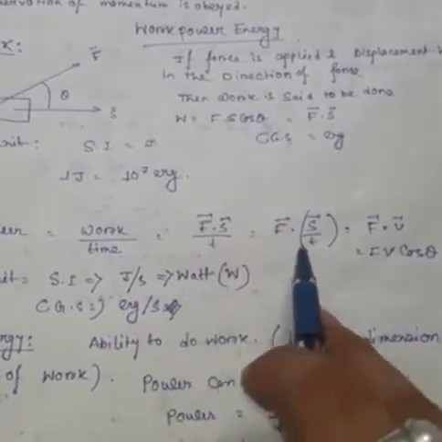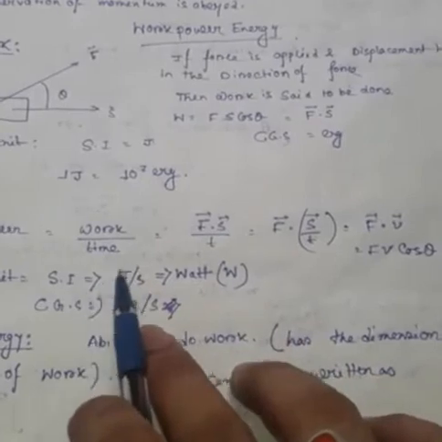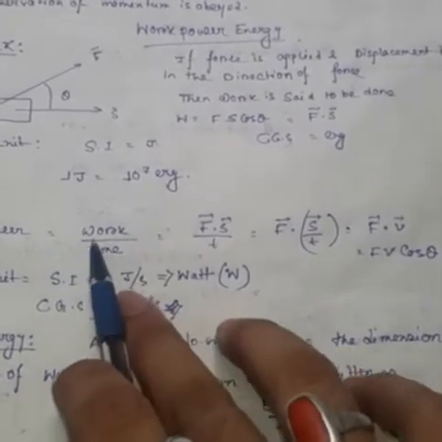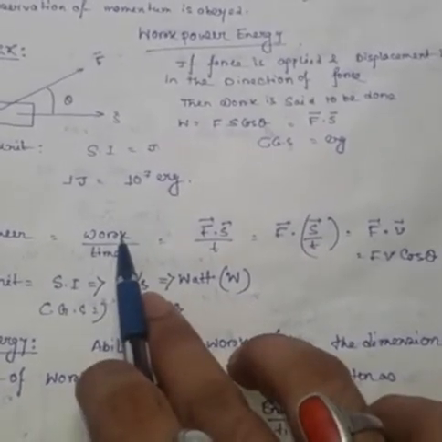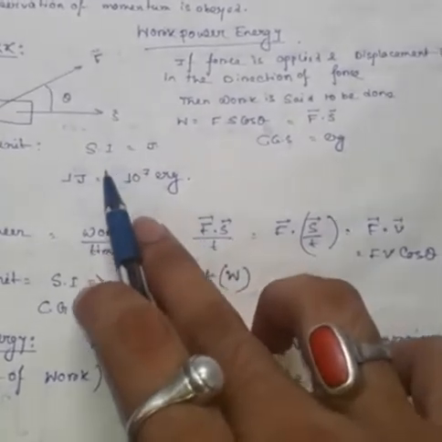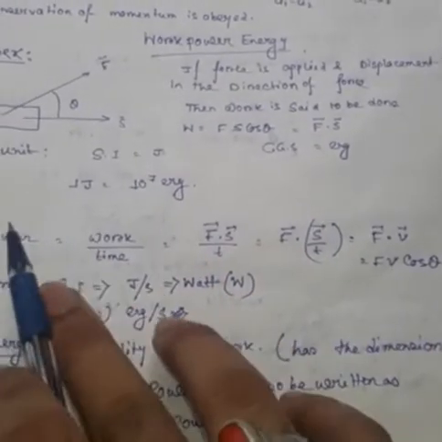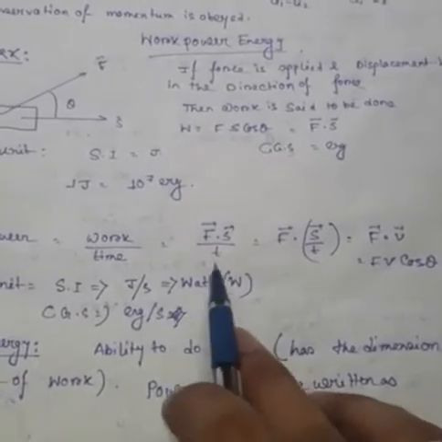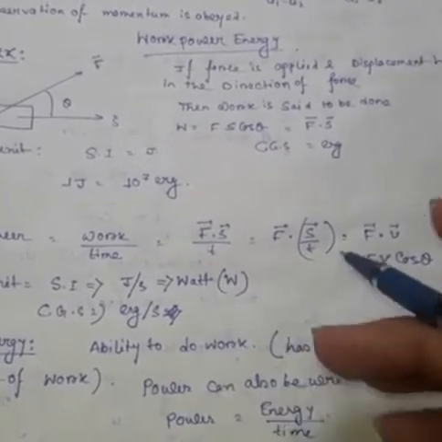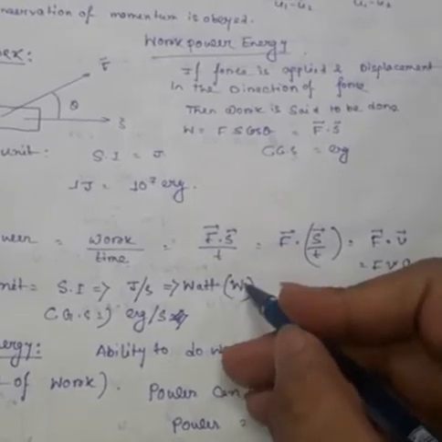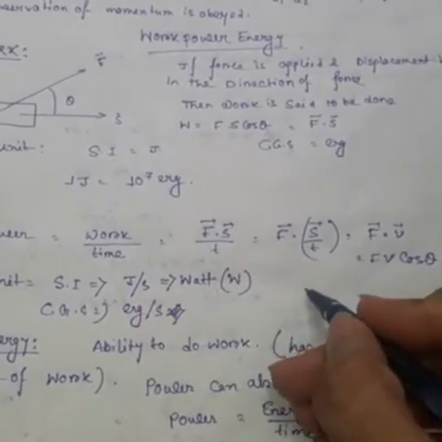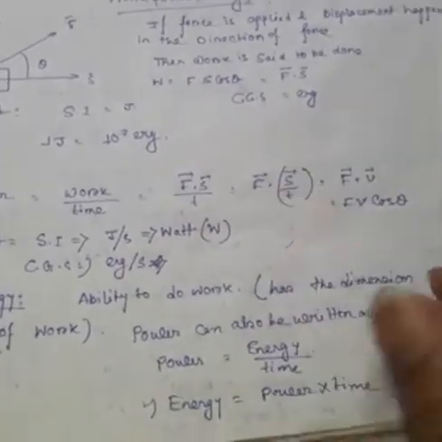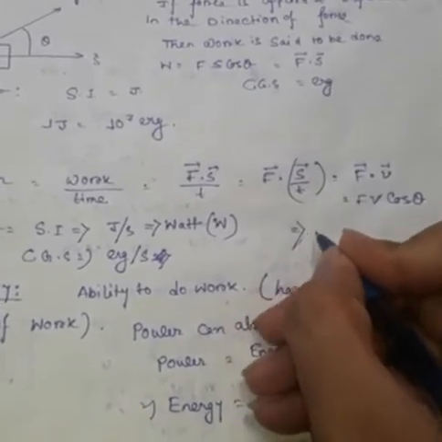As we can see from the equation, power is work divided by time. Work is represented by joule and time by second, so the unit of power in SI is joule per second, and it is termed as watt. So watt is joule per second, or joule can be written as watt multiplied by second.